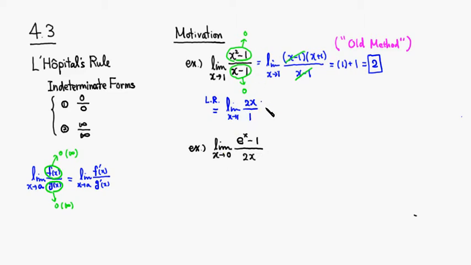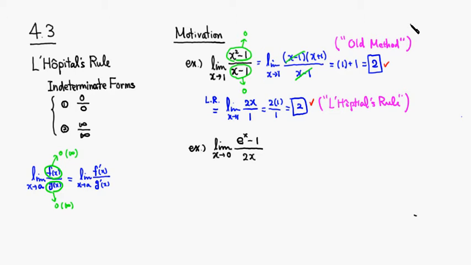Then plug in 1, so you have 2 times 1 over 1, which is obviously 2. So this is the new method, L'Hopital's rule, and you can see that you get exactly the same answer.